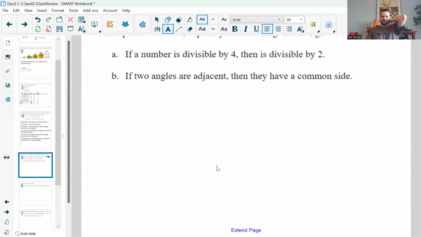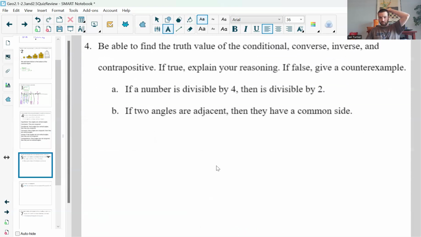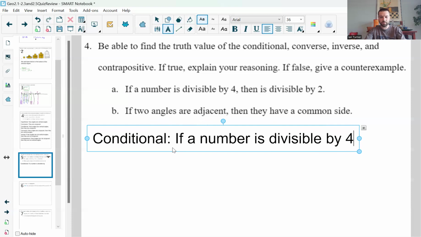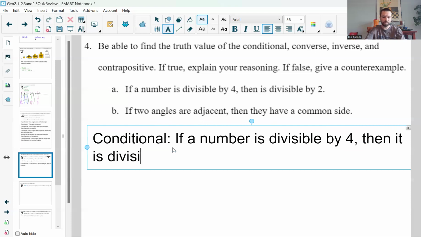I think we got another example here. So this one we're going to go through. We're going to do the conditional, the converse, the inverse, and the contrapositive, but we are going to say if they are true or false. Let's do A. So the original conditional, let's just rewrite it. If a number is divisible by 4, then it is divisible by 2.